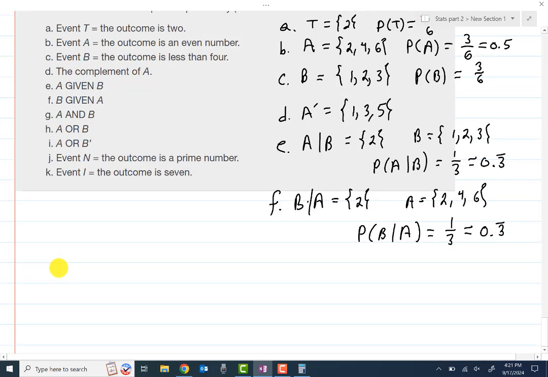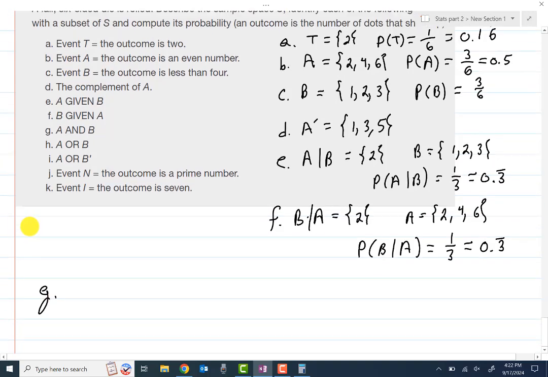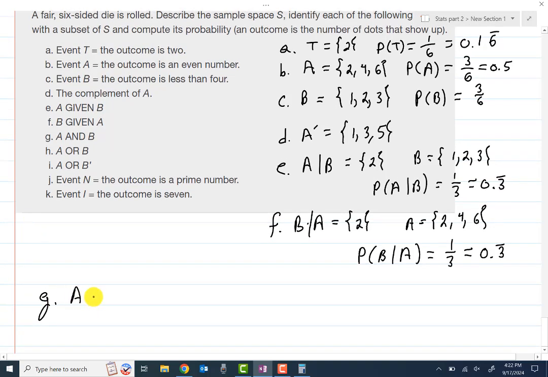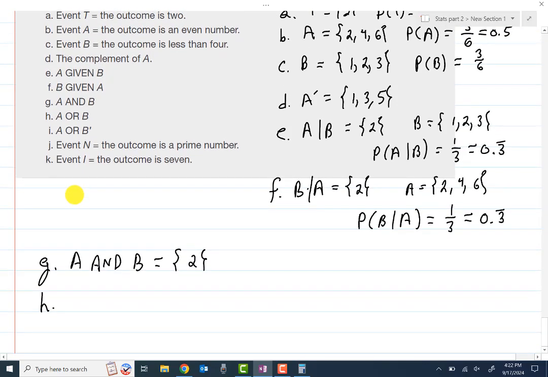All right, let me move on to G. So what items are in A and B? So what items do they have in common? They only have the number 2 in common. A or B. So now I'll start with putting the items first in A. From A I had 2, 4, 6, and now I'll add any items from B that I have not already put in there.